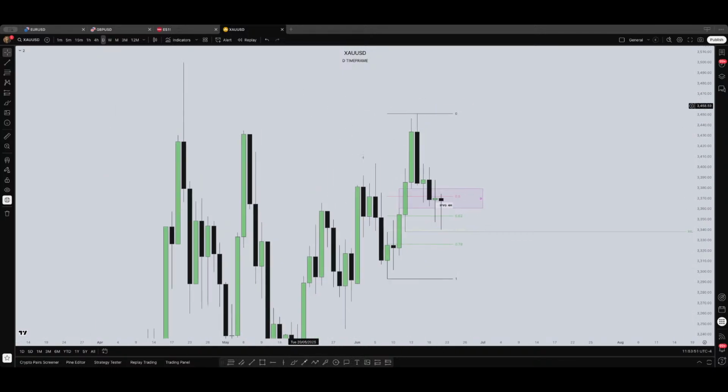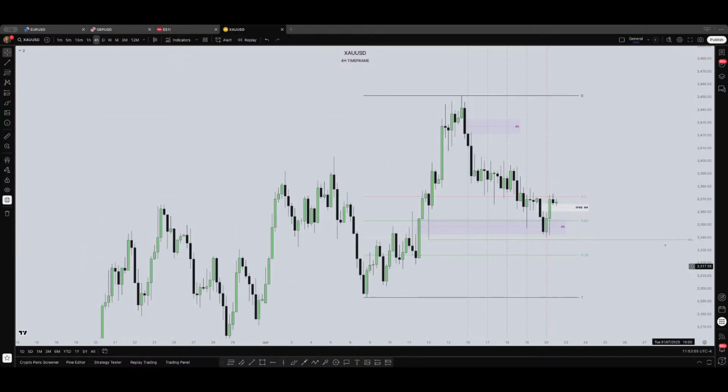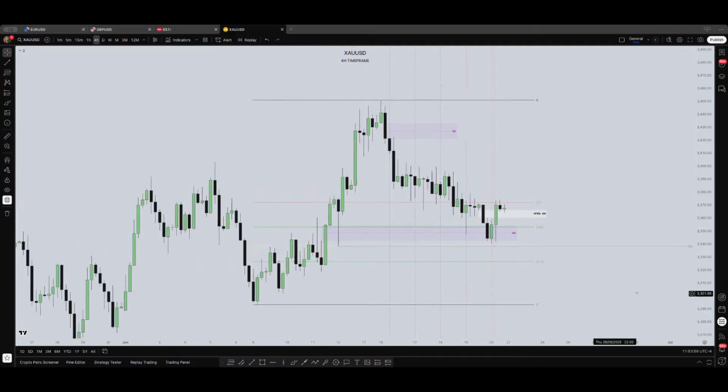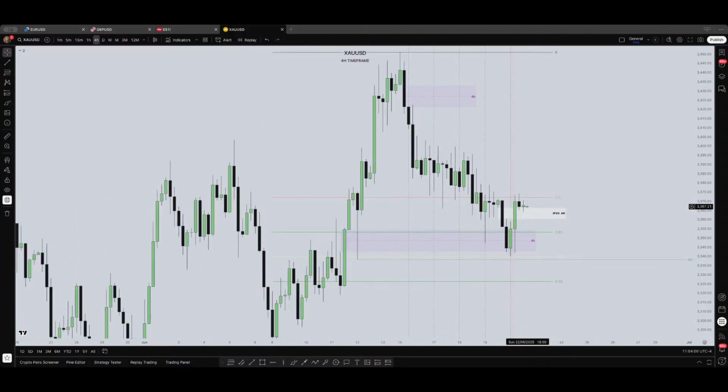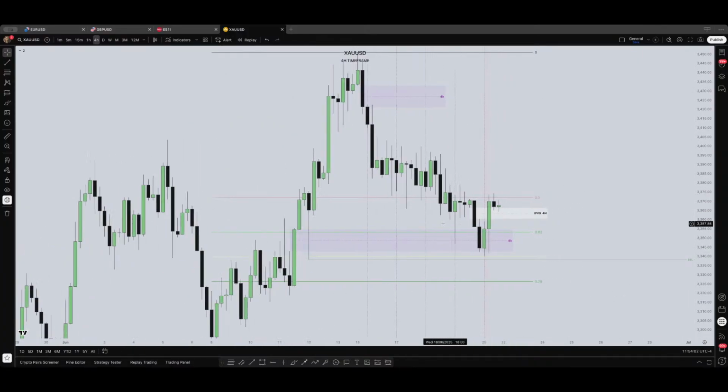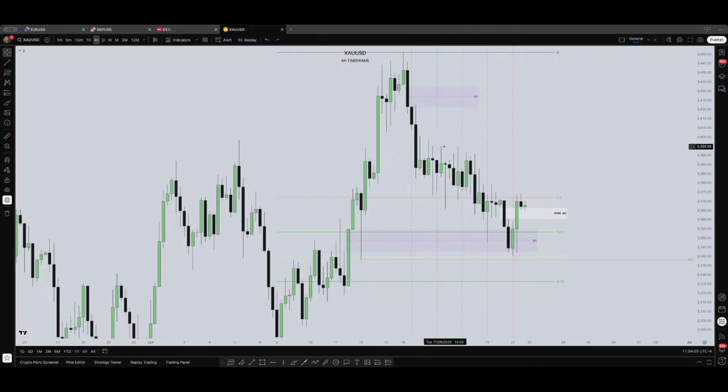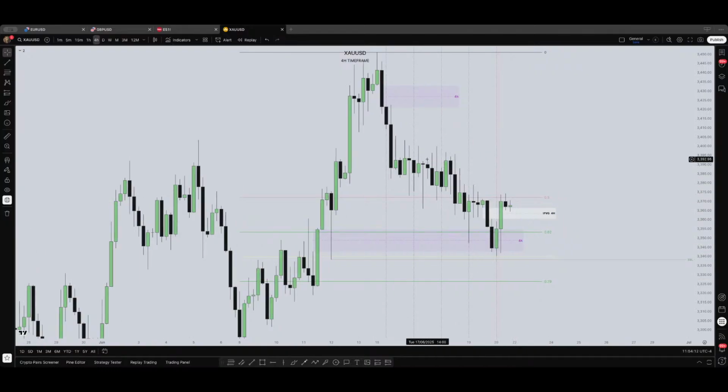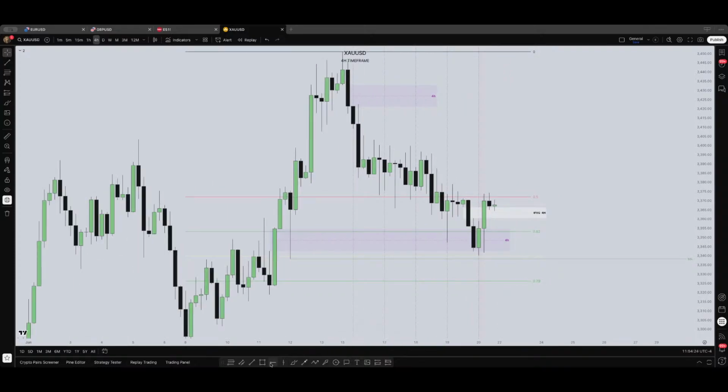Okay, in case, let's see here, this is a 4-hour fair value gap. Relative equal highs, a lot of liquidity. It's a bit difficult for me to see which is the high and the low, because this is the high, obviously, high, low, high here.